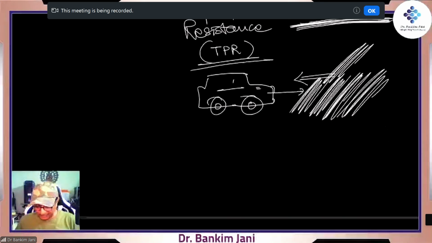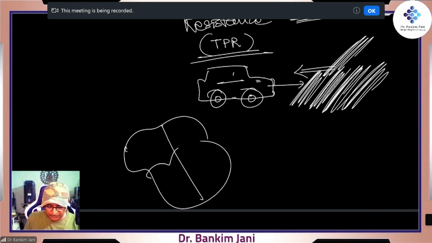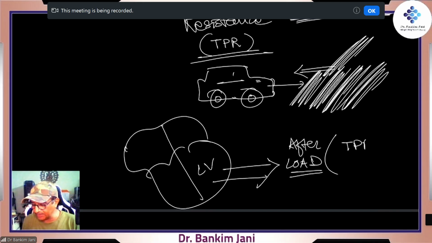So in other words, graphically, instead of our car, if we say this is our heart, this is our left ventricle, and this is the exit, what is the load present after the heart, which we have to pass through? That's why this is called the afterload. And afterload for the heart is nothing but the TPR, total peripheral resistance.